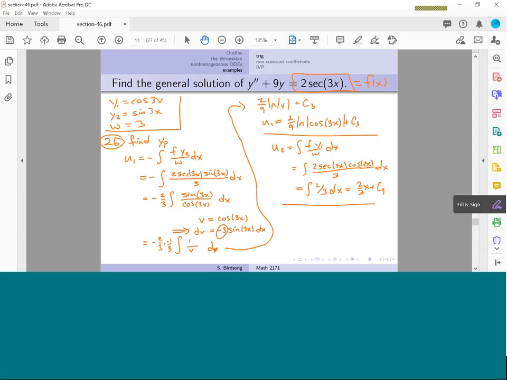Okay? Now, we want to put this all together. According to variation of parameters, your particular solution is y1 times u1 plus y2 times u2.